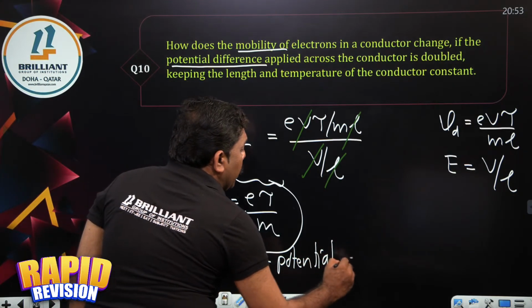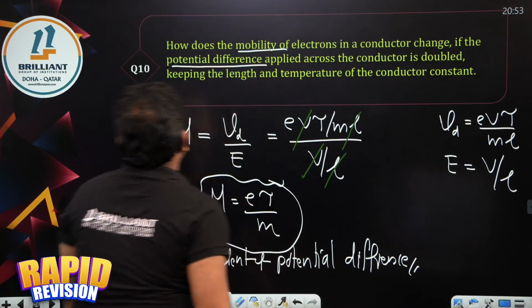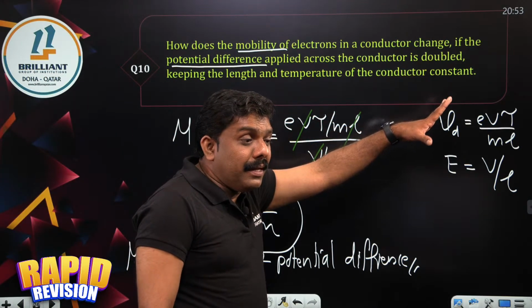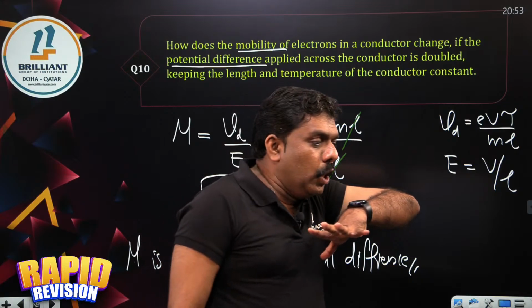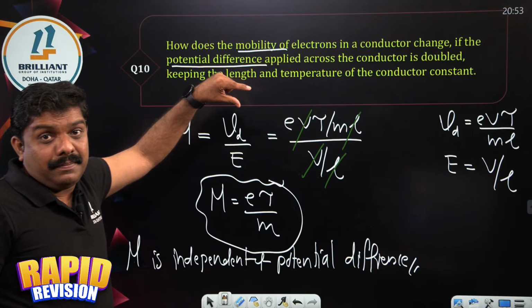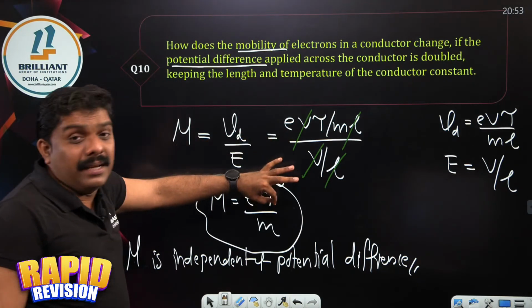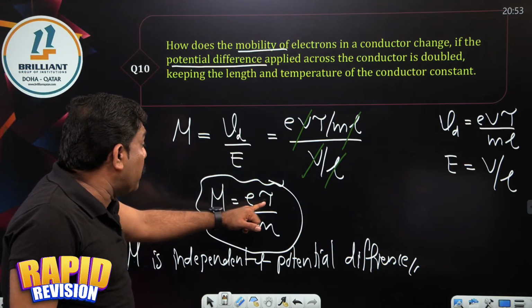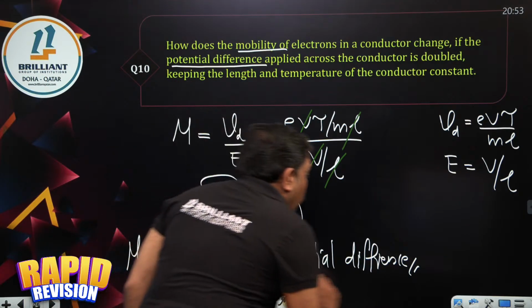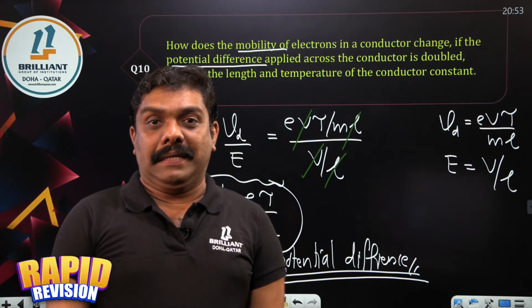Very important point. But how it depends on temperature: when temperature increases, the time interval between two successive collisions decreases. So when temperature changes, mobility will change. But mobility is independent of potential difference.